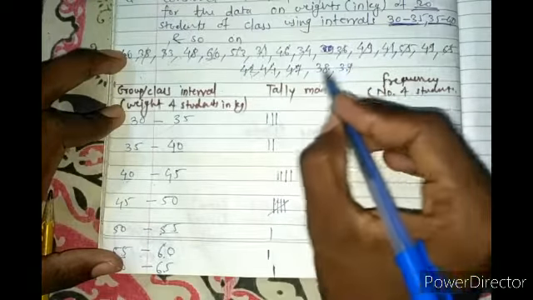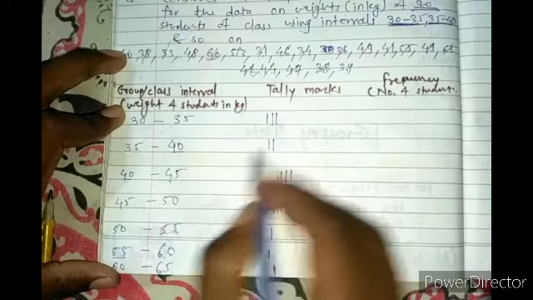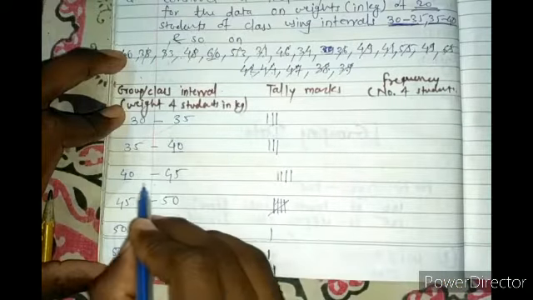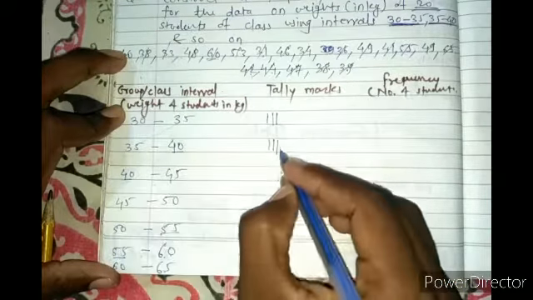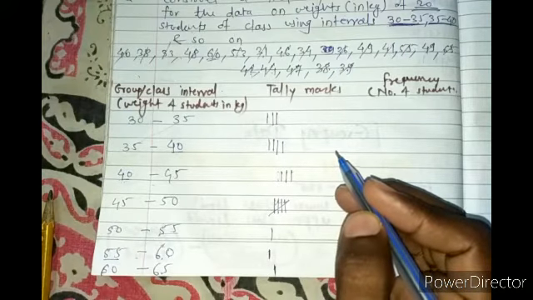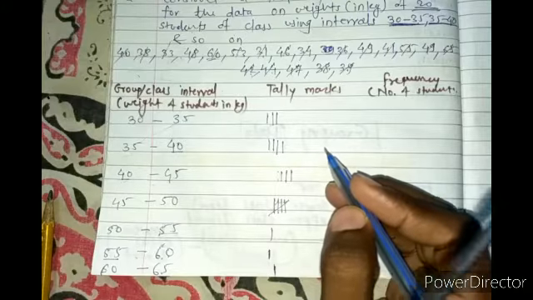Then 38 here, and last 39. So 39 is here. Now we have got all the tallies, right? Now we can write the frequency distribution table, right?